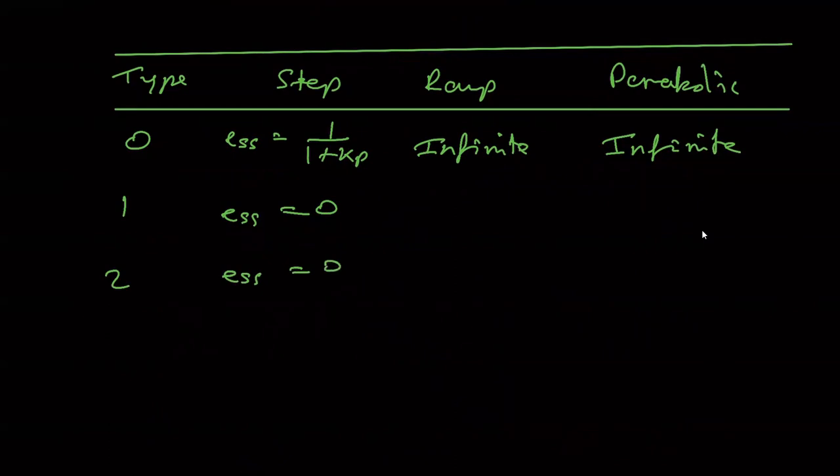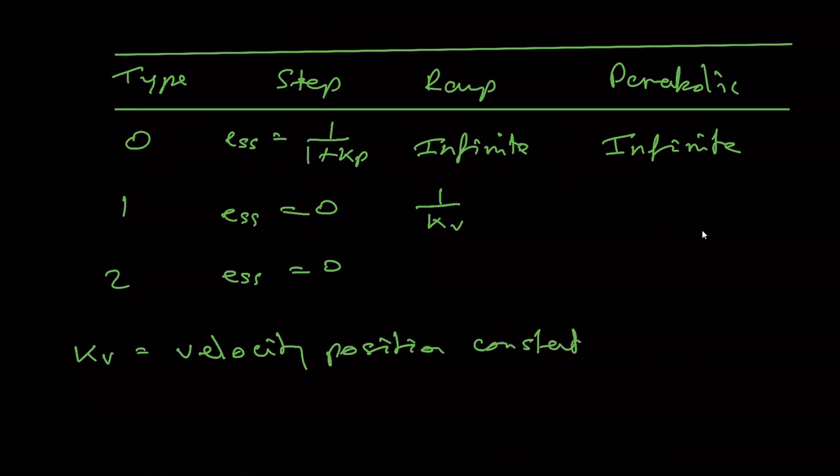For a ramp on a type 1, we end up with 1 over Kv, where Kv is called the velocity error constant, if I'm not mistaken. Yep, so Kv is the velocity constant.